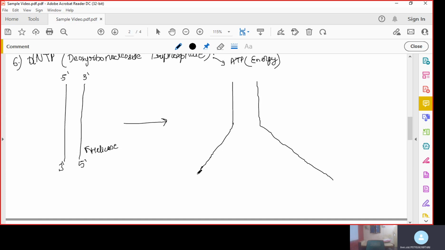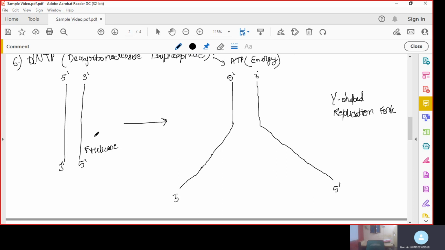This is the Y-shaped replication fork. Again, don't forget to mention the polarity. This is 3', this is 5', 3' to 5'.